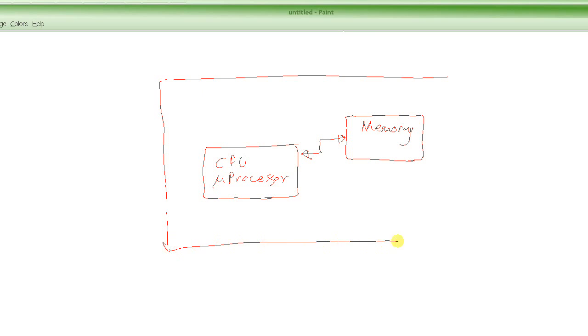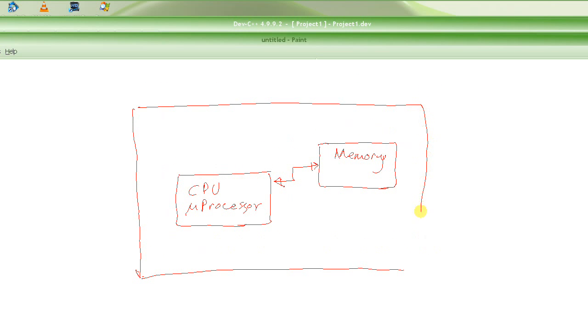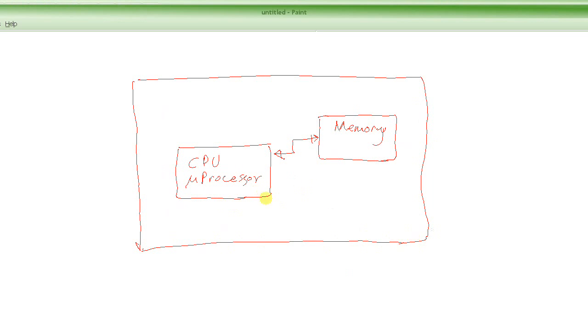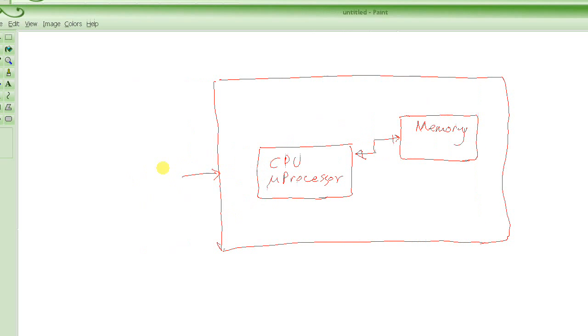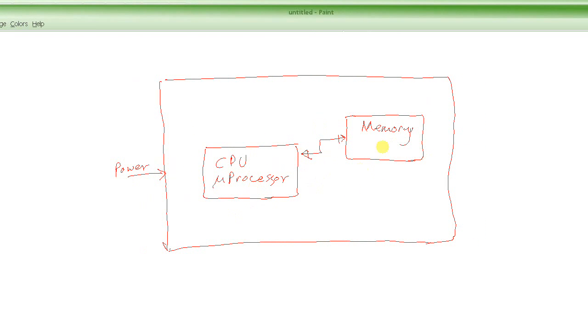Your computer has a motherboard, which is a big electronic circuit, and these two are present on it. Of course, there are tons of other components on the motherboard, but these two are very important, and you have to plug your computer in and apply power for these components to start working.